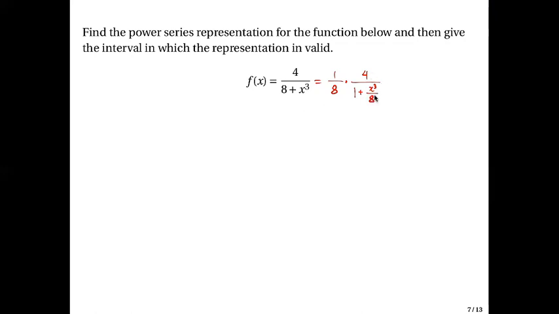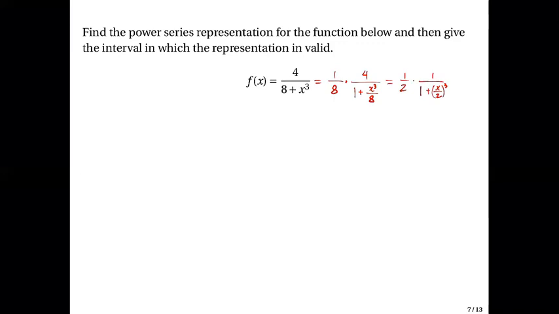And then here, let's try to rewrite this as a single expression, or as a single power. Take note that 8 is just 2 cubed. So you can combine this into a single rational expression and then you cube it. So you have 4 over 8, that's 1/2 now, times 1 over 1 plus x over 2 quantity cubed.